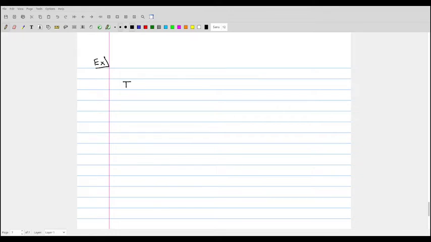So the moment of inertia about the x-axis is going to be the triple integral of the density function, which I'll just plug directly in.